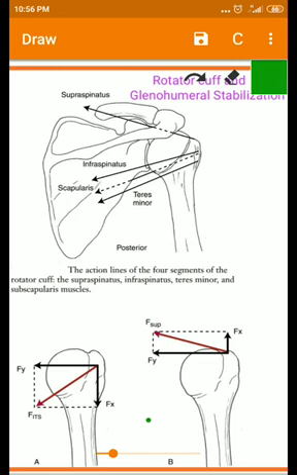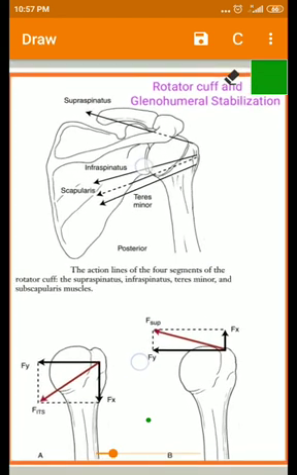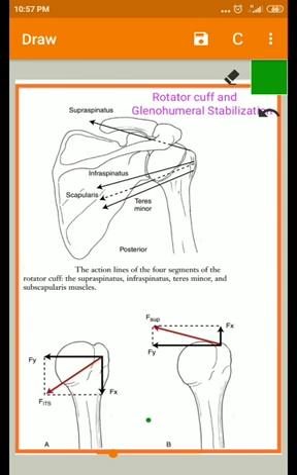So finally, these rotator cuff muscles, that is ITS, are referred to as steerers. If there is any injury to these rotator cuff muscles, any of the ITS, it leads to instability of the glenohumeral joint during elevation of the arm.